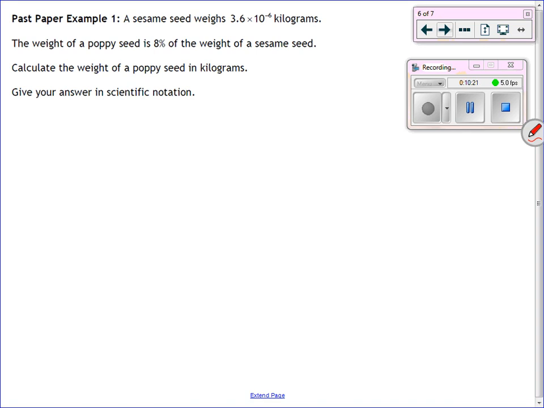Let's pull out the numbers, pull out the vital information here. So we know that a sesame seed weighs 3.6 times 10 to the power of minus 6 kilograms.